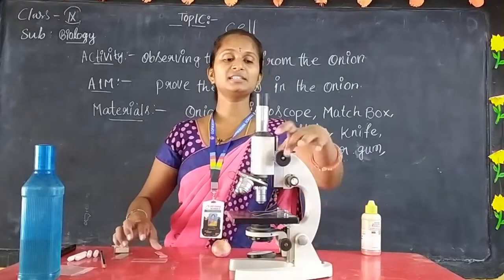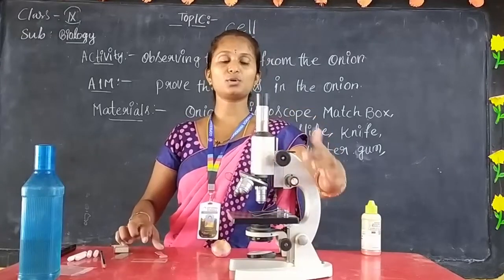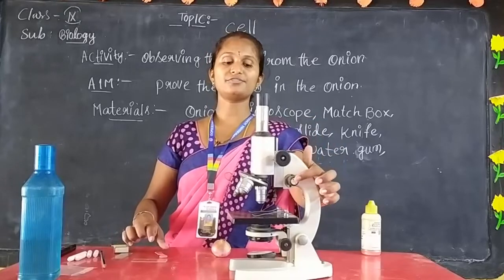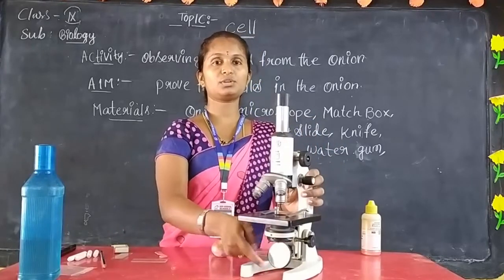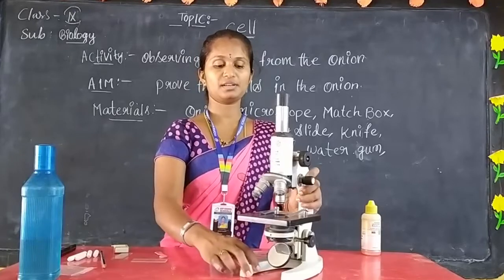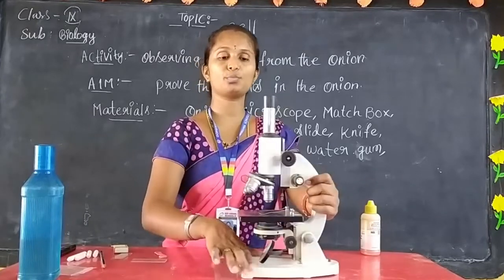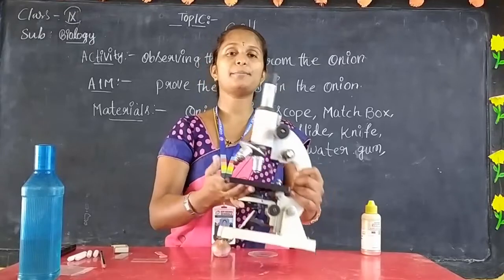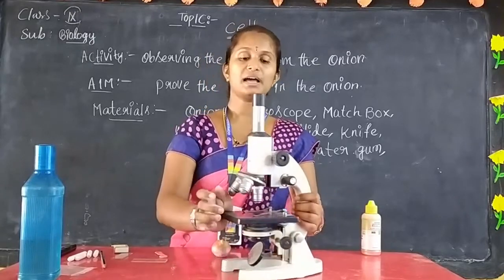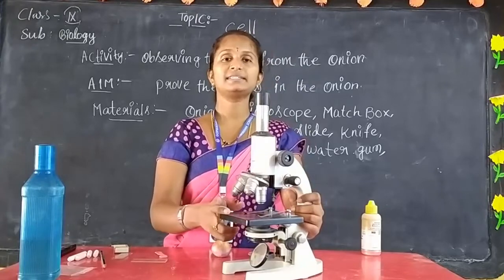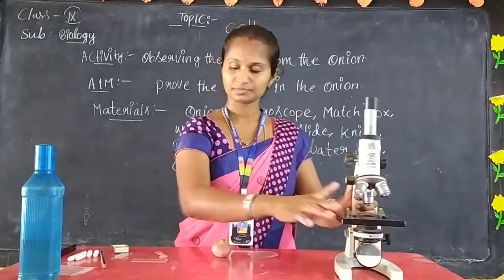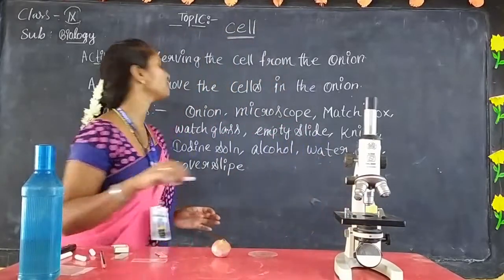This is the arm, this is the coarse adjustment, this is the fine adjustment, and this is the mirror. This is the foot, the base. This is about the microscope, and these lenses are 40x, 100x and 10x. Yes. We will enter into the procedure.